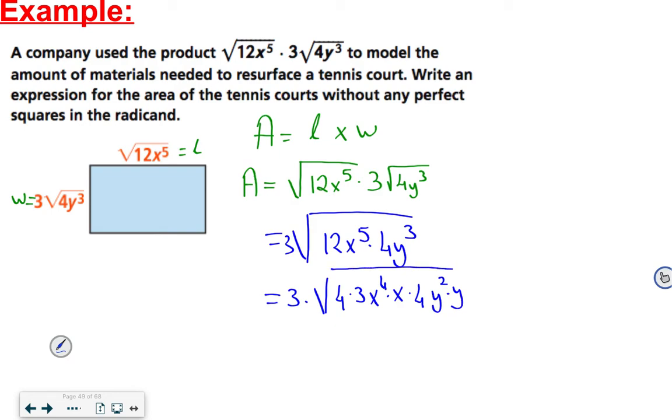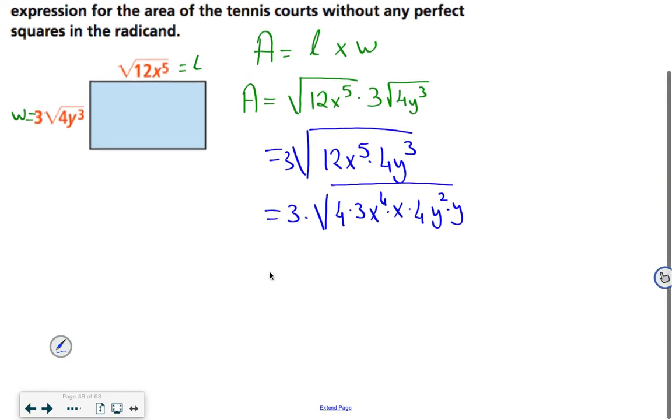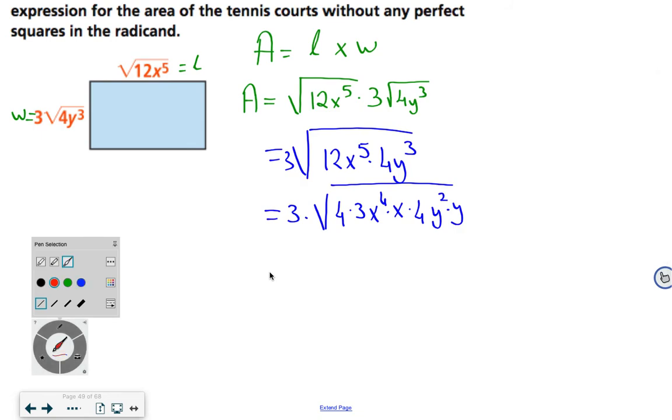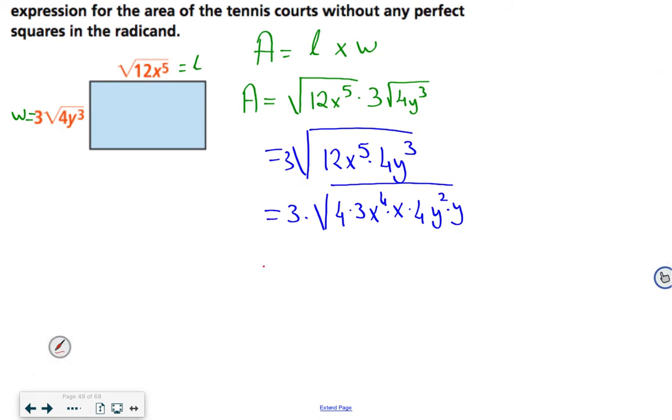Now, let's simplify each expression, each number. 3 times 4, how can you get the 4 out of the root? As a 2. Can you get the 3 out of the root? No, leave it. So what expression is going to be left inside the radical? 3. X to the power 4, how can you take it out of the root? As an x squared.